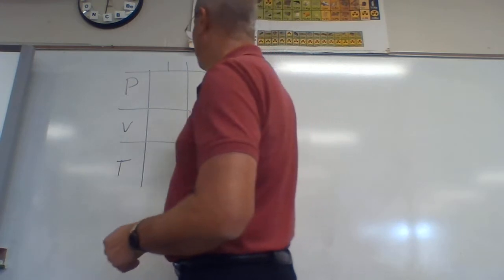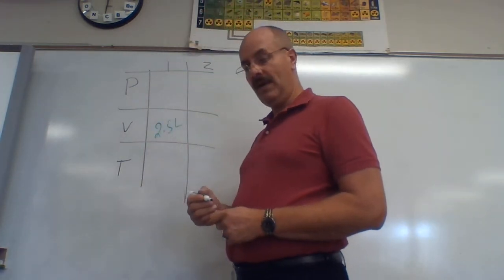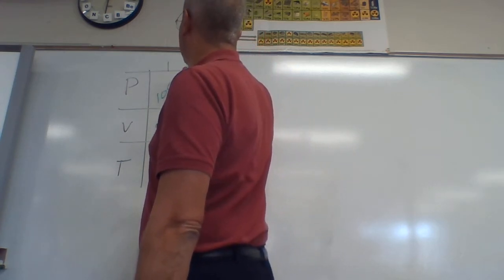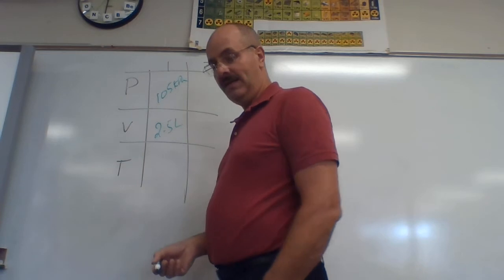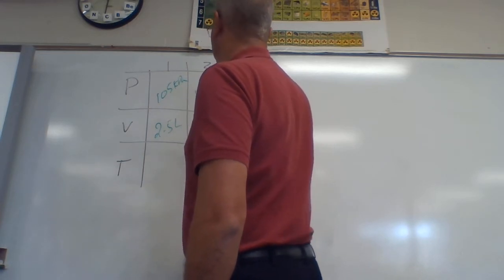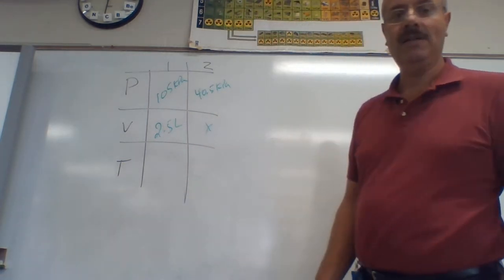So we have 2.5 liters, and that's at 105 kilopascals. Then it says that changes to 40.5 kilopascals, and we want to know what's the new volume. Temperature stays the same, so we don't have to worry about that.